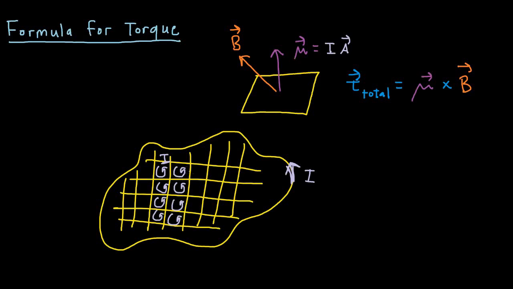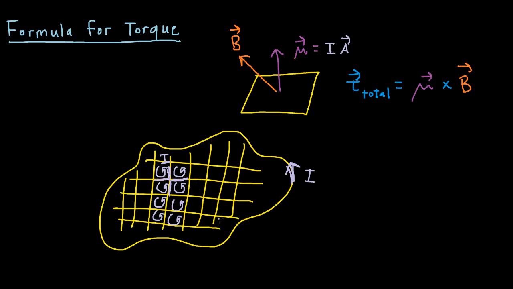Now, the thing is that the current from this loop coming up this way will cancel out the current from this loop right next to it going this way, right? So there'll actually be zero current total in this little segment, and actually in this little segment, and every segment in the interior of this shape.